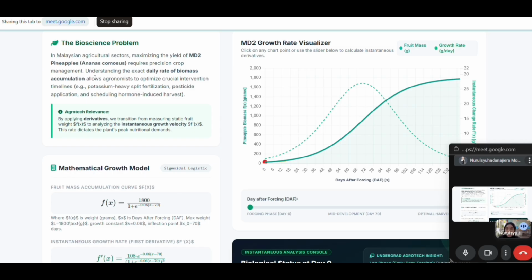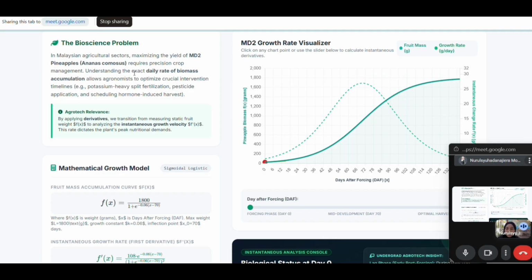Okay, let's start with the bioscience problems in agriculture, especially for MD2 pineapples. Farmers face big challenges. They do not know the exact time when the fruit is growing the fastest, and they cannot accurately predict the fruit weight before harvesting.